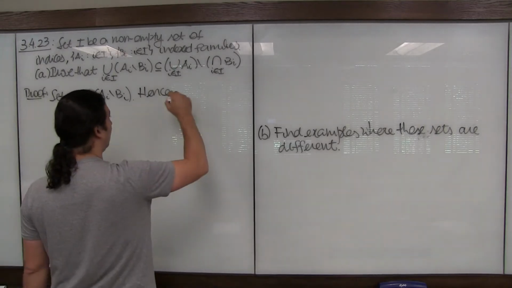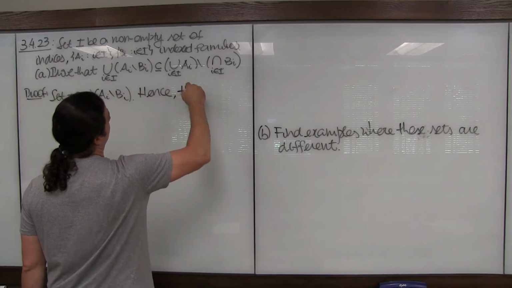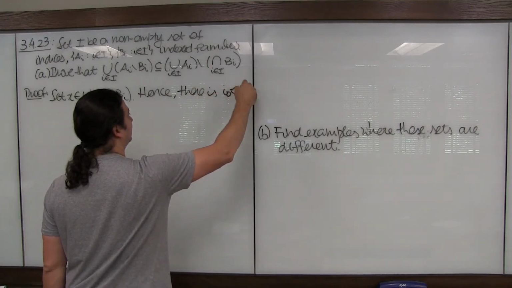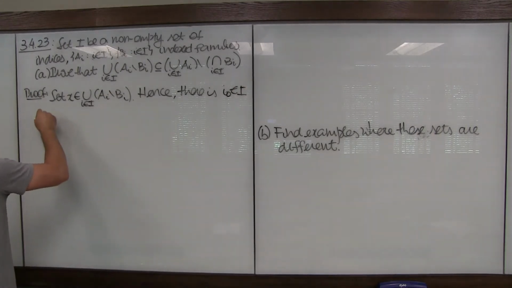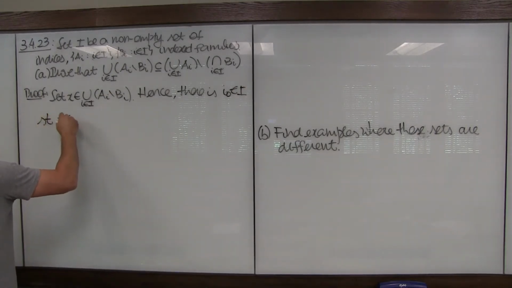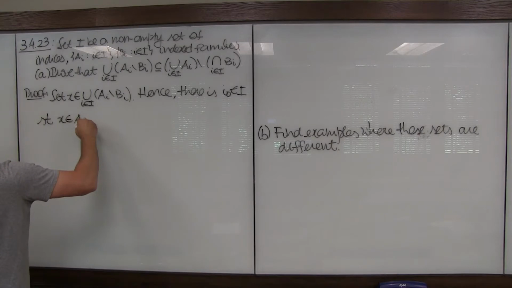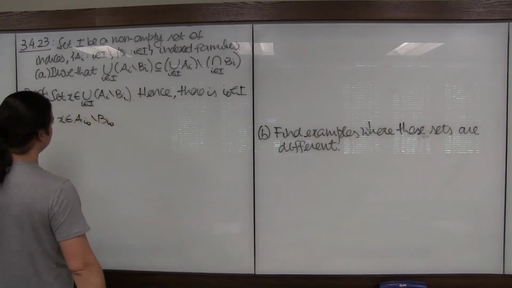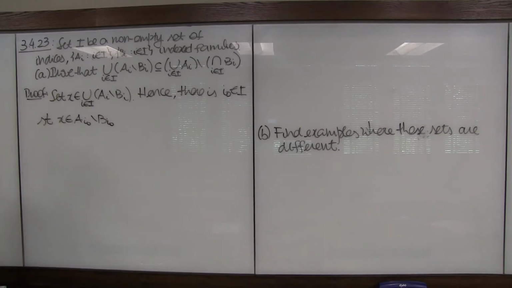So I have, hence, there is I sub 0 in I such that x belongs to A sub I0 minus B sub I0.